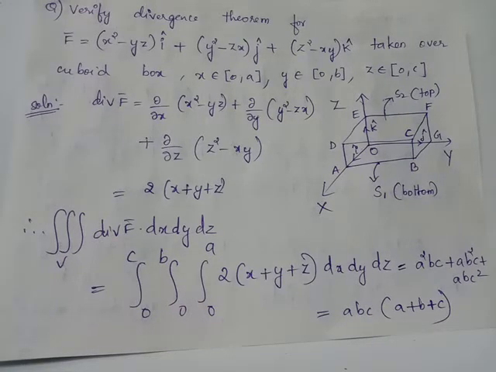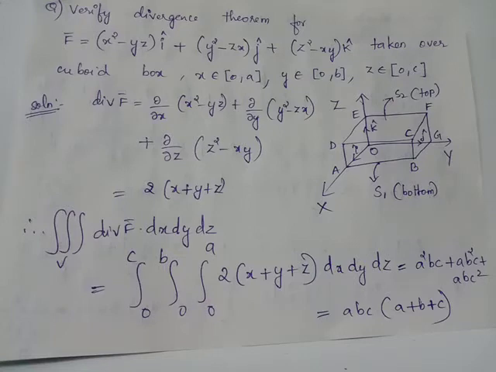When we evaluate the surface integral, we have to notice that n cap is the unit normal vector with respect to the surface considered. When you consider the face S1, which is the bottom portion of the cuboid box, n cap will be equal to minus k. This is because S1 is lying in the xy plane, and the outward unit normal will be minus k.